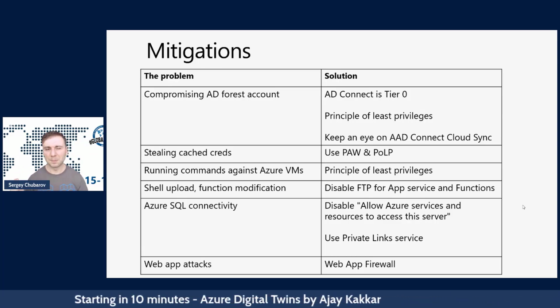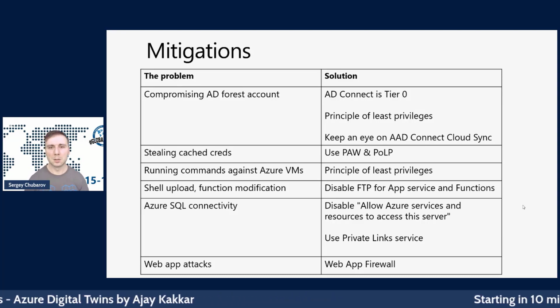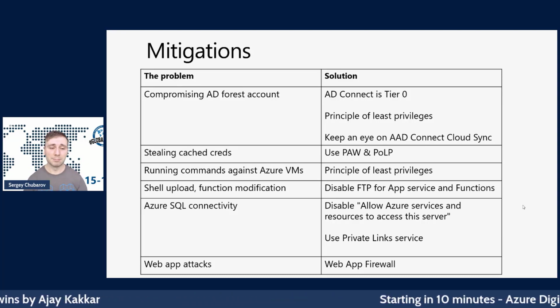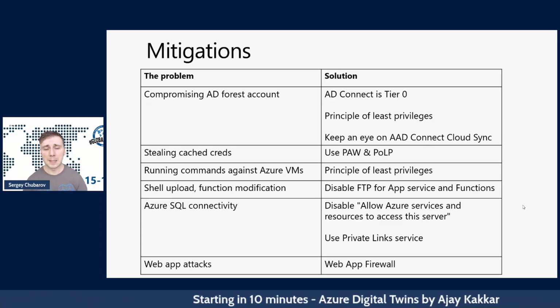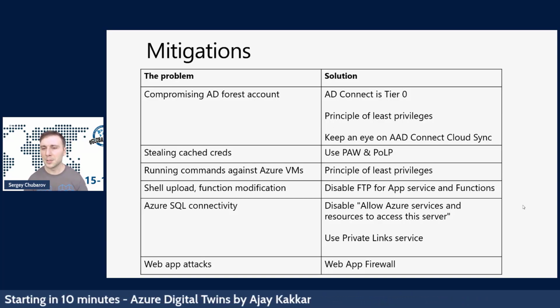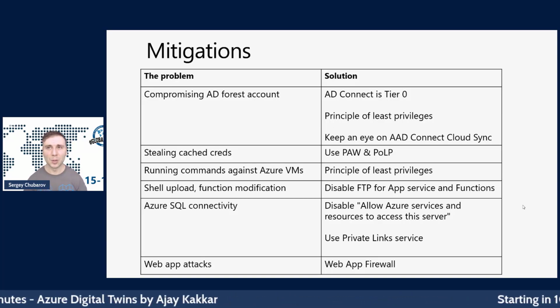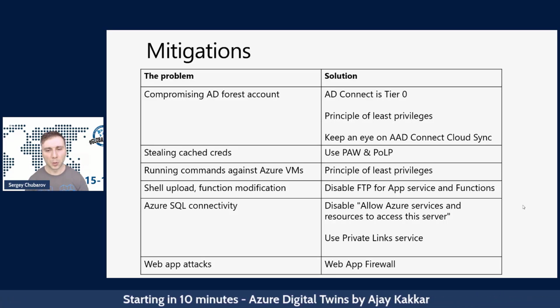Next one, also the principle of least privilege. That's the thing that I will tell you many times on this slide. The smaller the privileges your users have, the fewer problems you may have. With security, of course, you may have some overhead with managing those privileges, but it will be more secure.